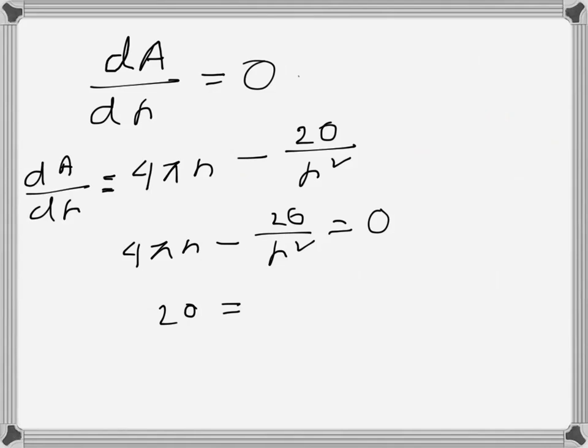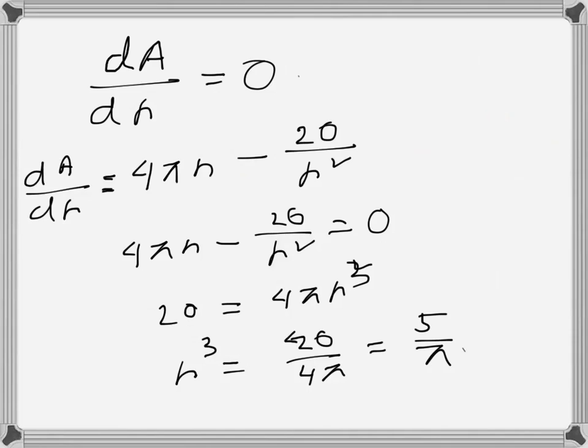So I multiply by r square both sides, so 4 pi r cube there. So r cube is 20 over 4 pi, which is 5 over pi. So r is cubic root of 5 over pi. So this is the expression of r.